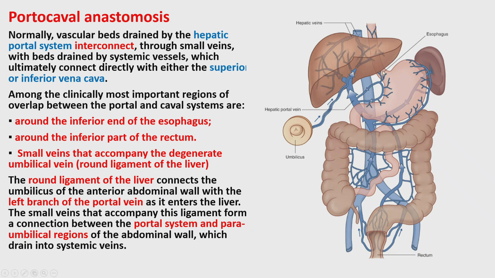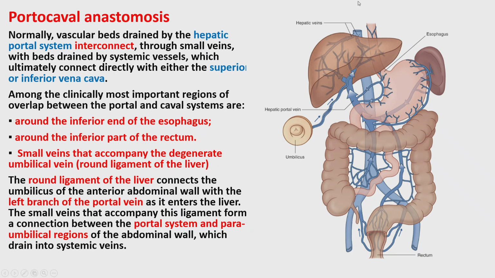But the left gastric vein, or gastric vein generally, mainly the left gastric vein, is draining to the portal vein. And this left gastric has some esophageal vein branches, which are interconnected with the esophageal branches that are draining to the azygos system. So that's why this region is called portal vein caval anastomosis.